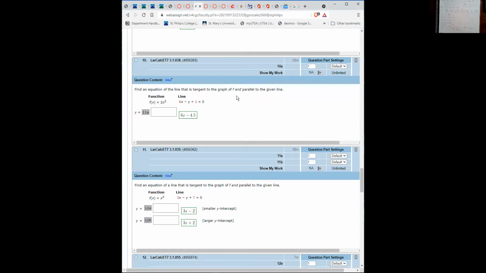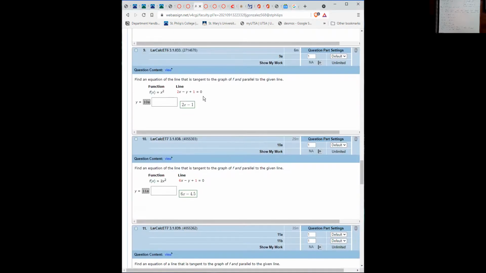Notice they don't give us a point. All we have is the equation of a different line, some random line. They want us to find the equation that is tangent to this graph, but also parallel to this line.